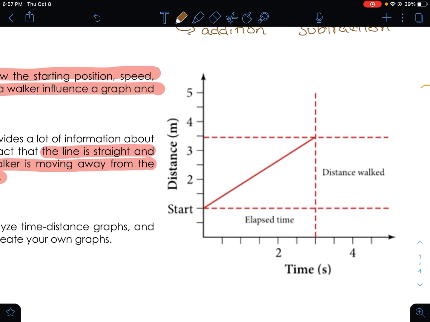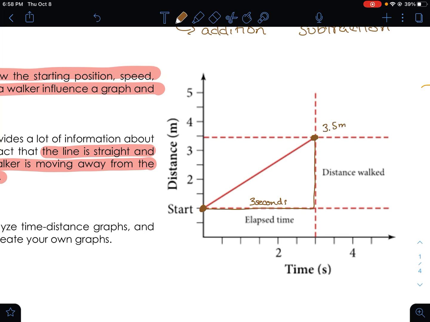The other thing that we can tell from this is that this person started 1 meter away from the motion sensor. And then over the course of 3 seconds, this walker traveled to a distance of 3.5 meters away.